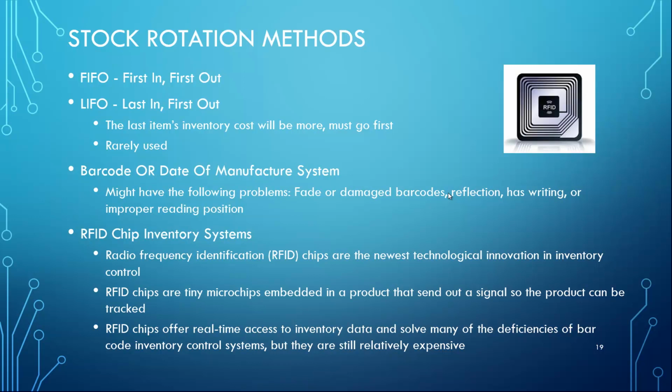RFID chips offer real-time access to inventory data and solve many of the deficiencies of the barcode inventory control system, but they are still relatively expensive. So far, not everybody is using RFIDs because of the price of those chips, but most likely this is going to be the future and everybody will be using those chips.